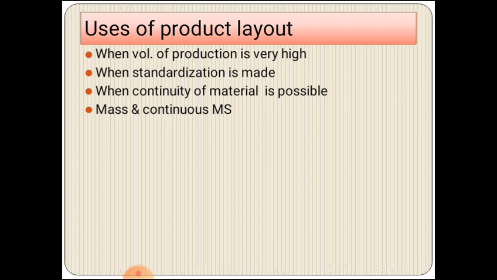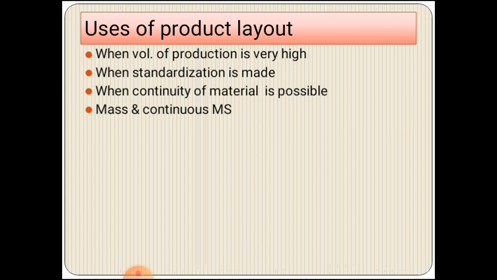Then standardization is made. When a company wants to make a standardization of their own standards, then they have to use the product layout. And then continuity of material is possible. So if the company can make all the material available in time, then only you can use a product layout, because if there is a shortage of anything, it will affect the whole production process and obviously your production as well as your profit.